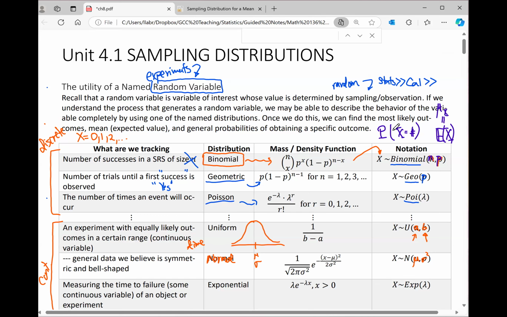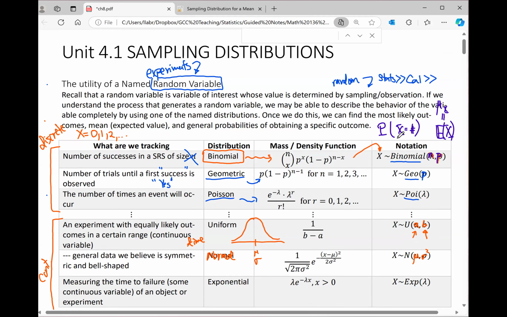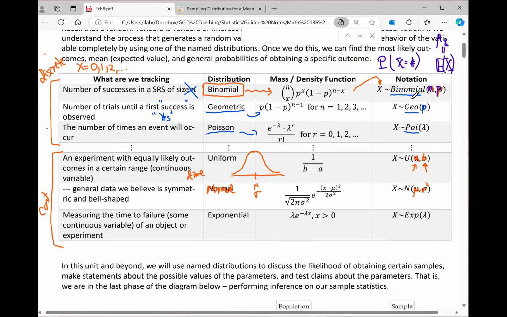And this is what you want to take away from that. If a variable of interest is a named random variable, then you basically know all there is to know about it. And all you need is the value of its parameter.